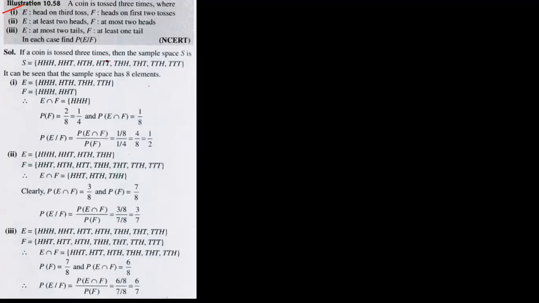Dear students, suppose tossing 3 coins means tossing a coin 3 times. What is the sample space? 2 cube. Am I correct? Why? See carefully: HHH, HHT, HTH, like that.